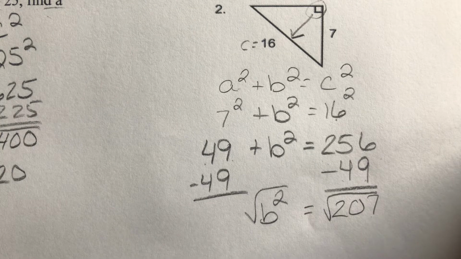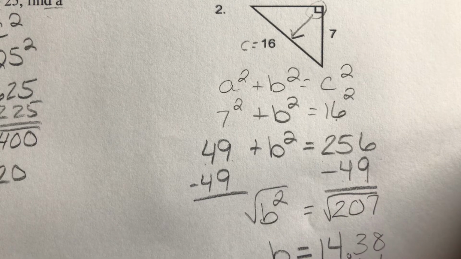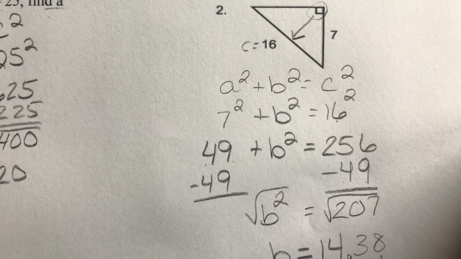Okay, I apologize, guys. I thought I had a whole number answer here. I don't. But we talked about this last time about getting decimals. So we'll round to the nearest tenth. I've got 14.3 and then 8. So that 8's going to round the 3 up to 14.4.